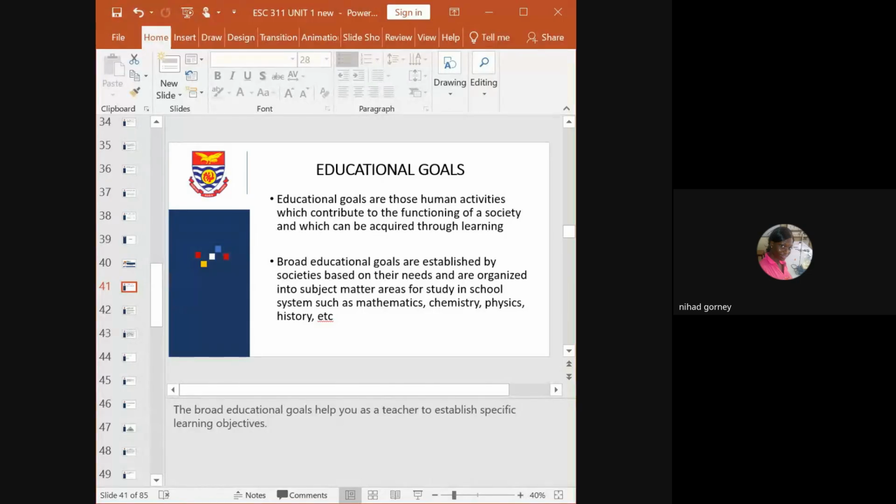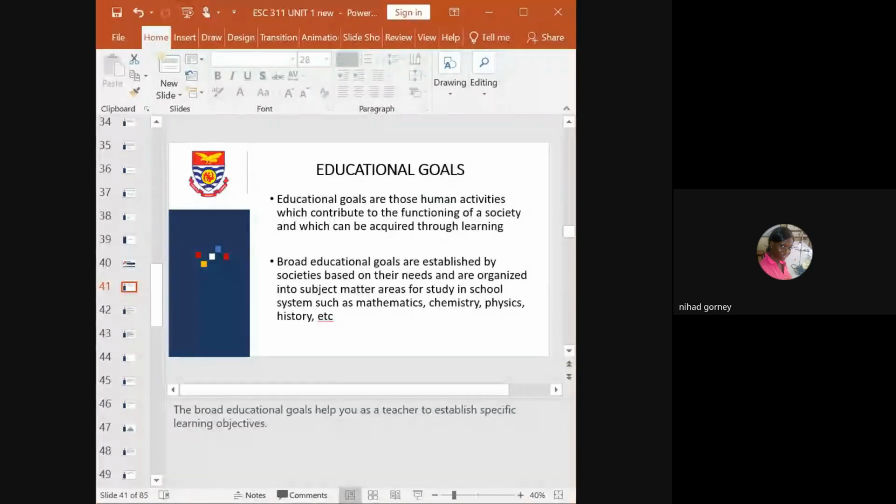Now we have what we call broad educational goals, and they are those established by societies based on their needs, and they are organized into subject matter areas. So the broad educational goals are those that societies establish because of looking at the needs of that society.